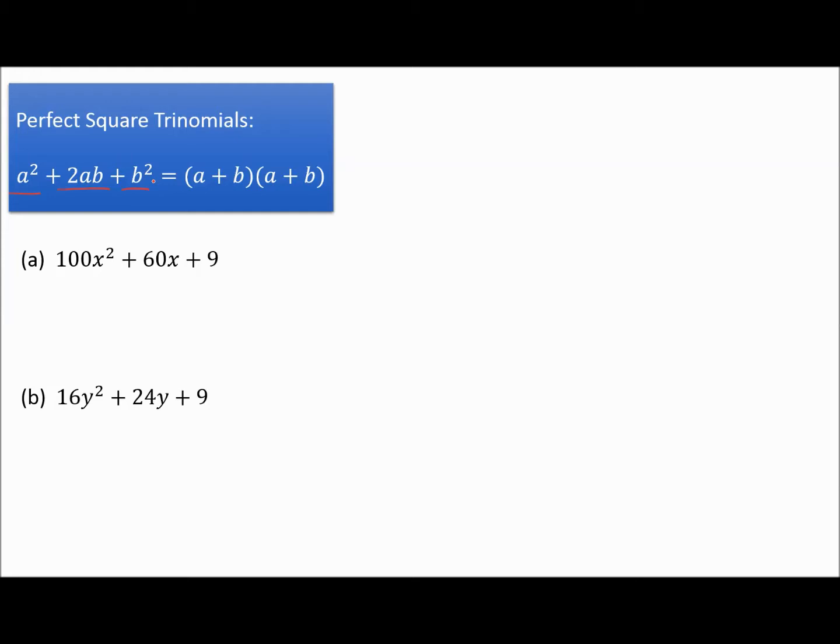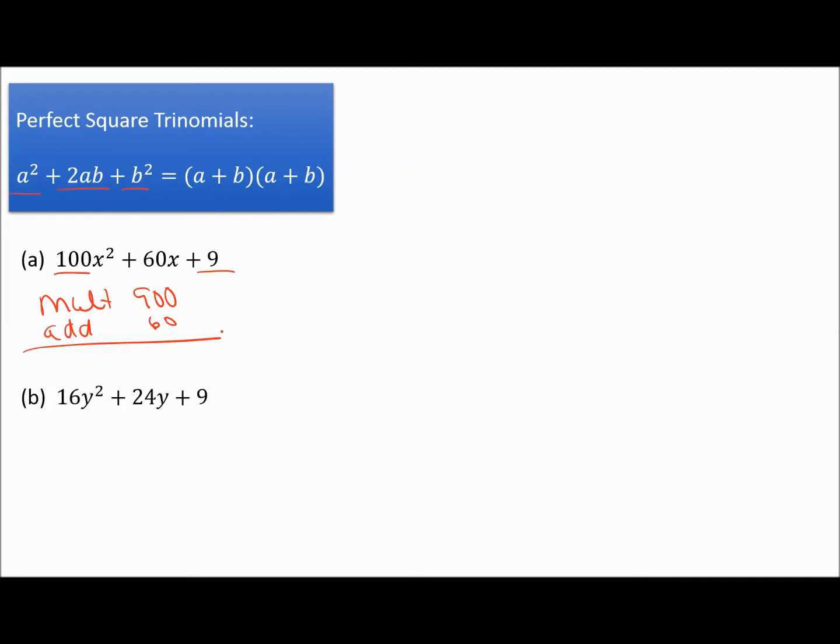But now I want to talk about this from a different point of view. If you watched the last video, you would consider this a trinomial with a leading coefficient not equal to 1. It's 100. So a method for doing that is the AC method, where we multiply 100 times 9 and find numbers that multiply to be 900 and also add to be the middle number, which is 60.